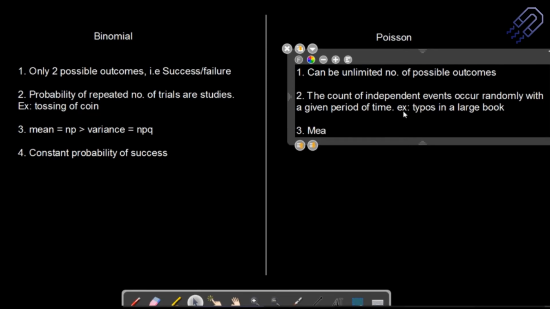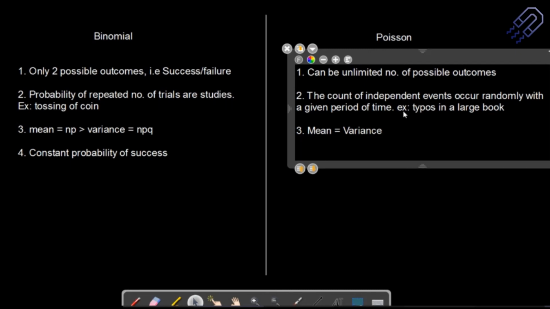Next is mean. Mean and variance are equal in this particular case. Standard deviation is root lambda, so variance is lambda, so mean and variance are equal. And then the chance of success is less, actually.